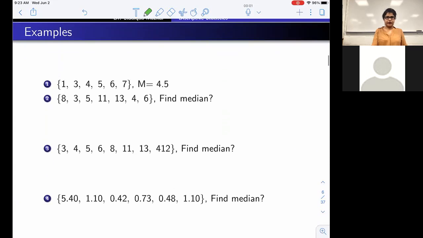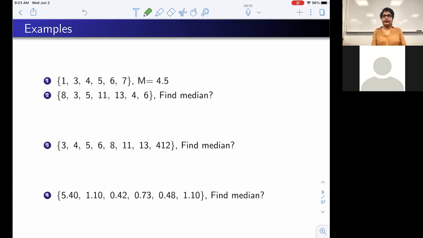For instance, in the first case we have 1, 3, 4, 5, 6, 7. We are going to find the median for this data set. First, it has to be in order, but it is already in ascending order: 1, 3, 4, 5, 6, and 7. So you don't need to reorder it. Second, you need to check whether it's an even or odd number of values.